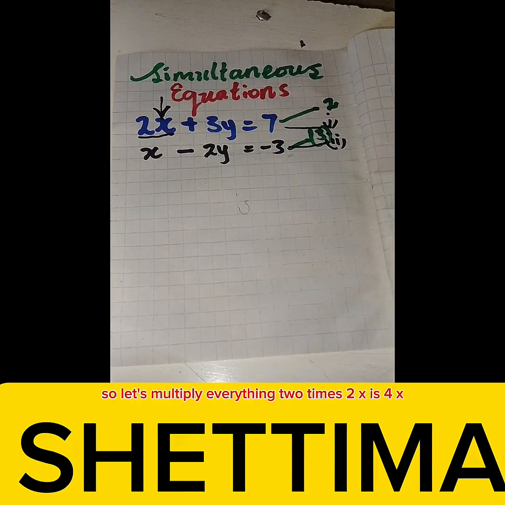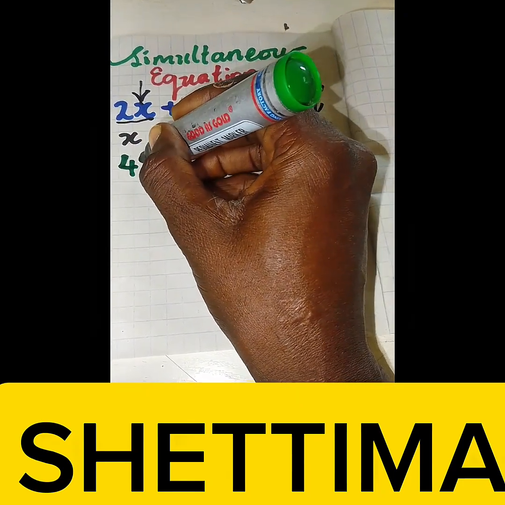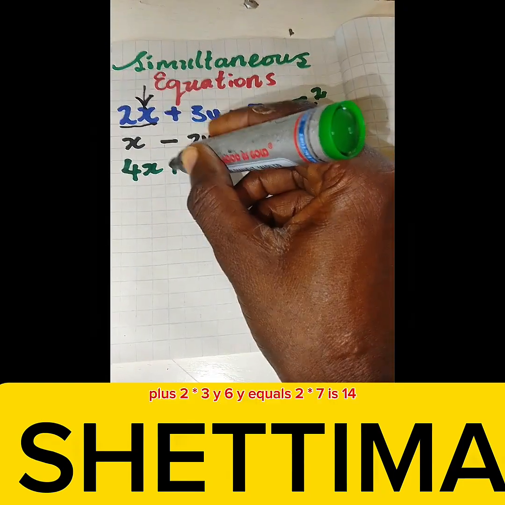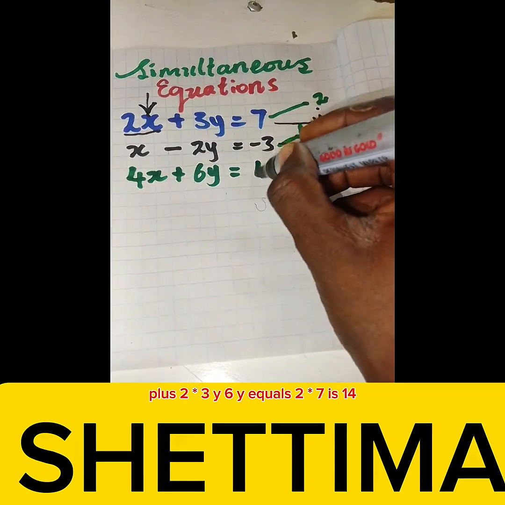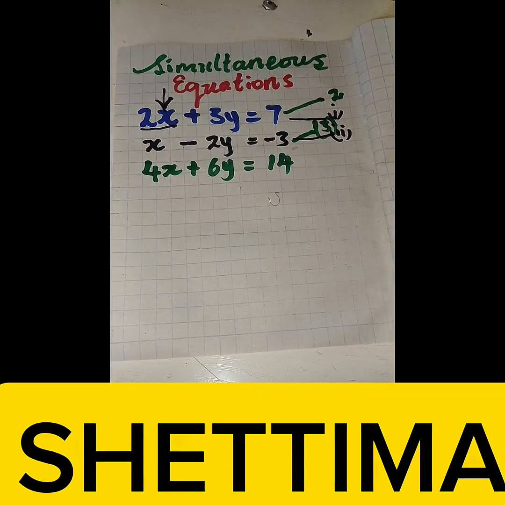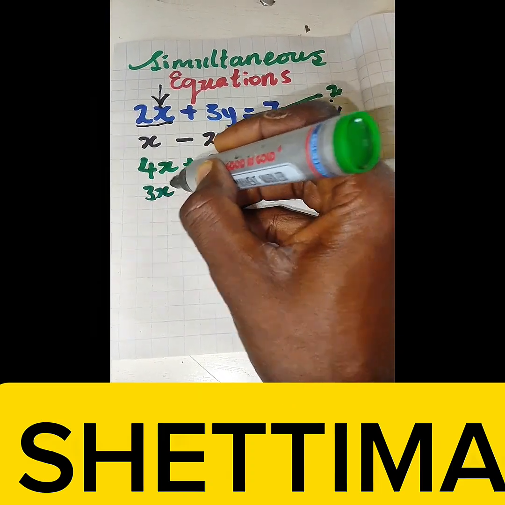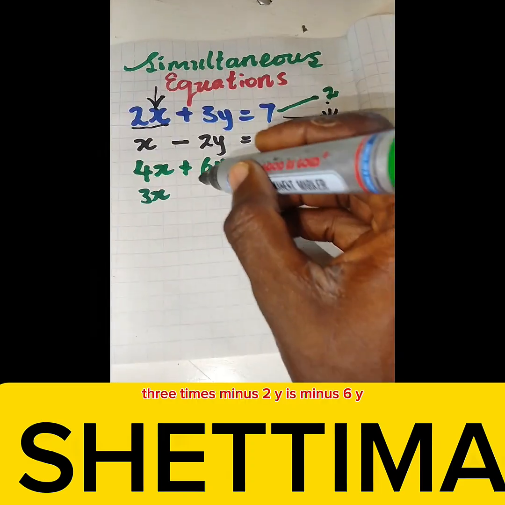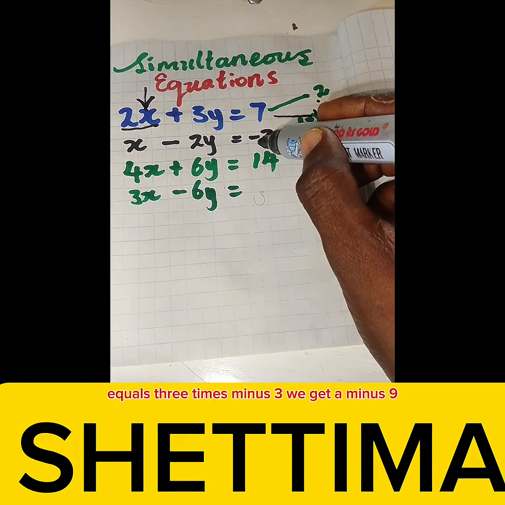So let's multiply everything. 2 times 2x is 4x, plus 2 times 3y, 6y, equals 2 times 7, which is 14. 3 times x is 3x, 3 times minus 2y is minus 6y, equals 3 times 3, which is 9.